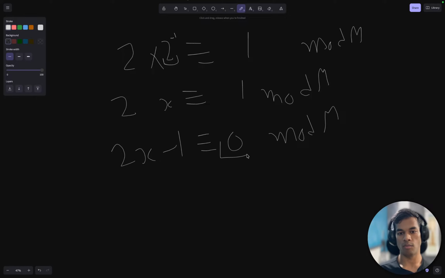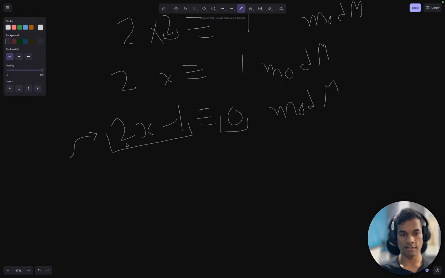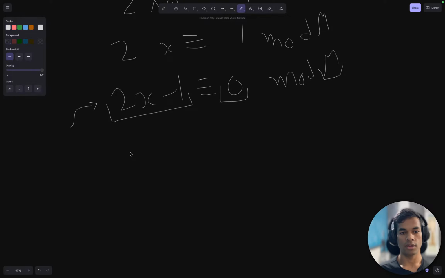Since the modulus is 0, it would mean that this is divisible by m completely and no remainder is left. Therefore, we can also write this as 2x minus 1 equals k m, because this is going to be some exact multiple of m.